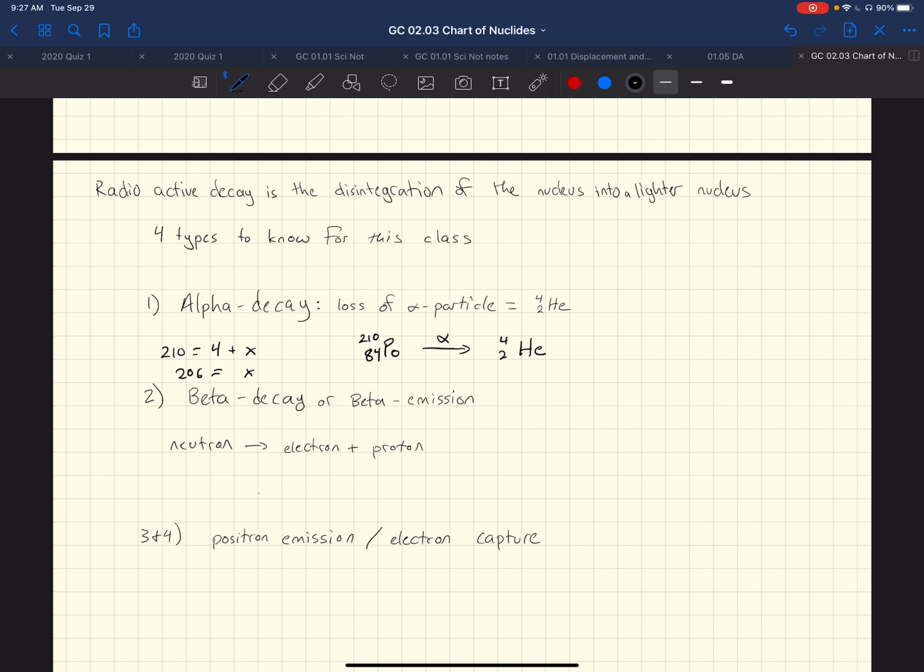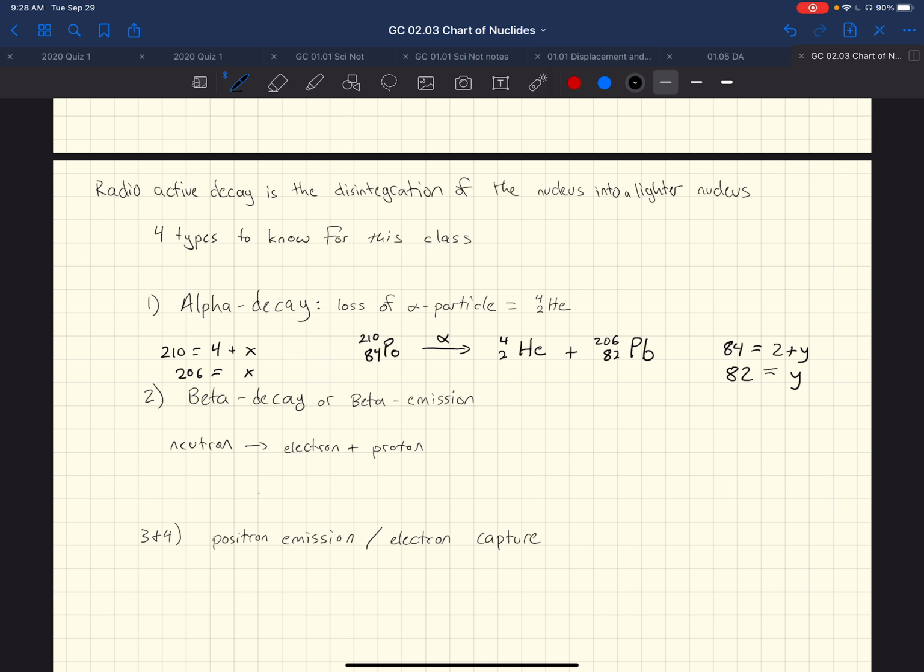So that means that my mass number is going to be 206. And then from my atomic number, I know 84 equals 2 plus y. So y equals 82. So this is 82, and this is lead.